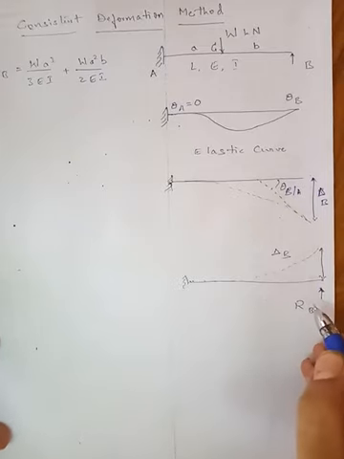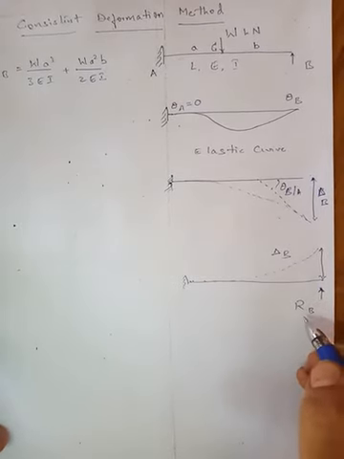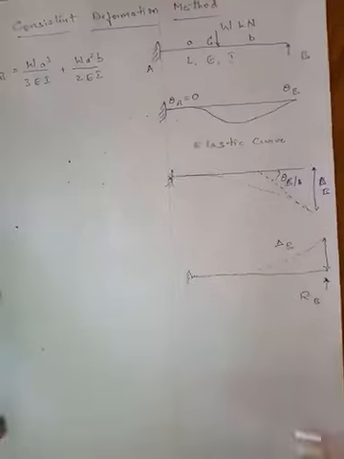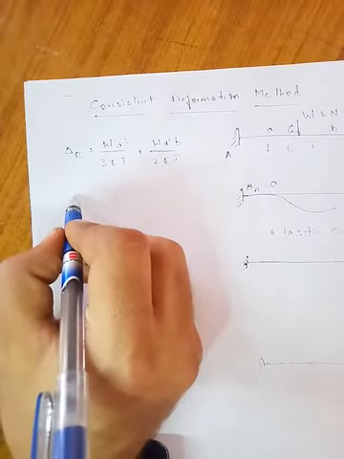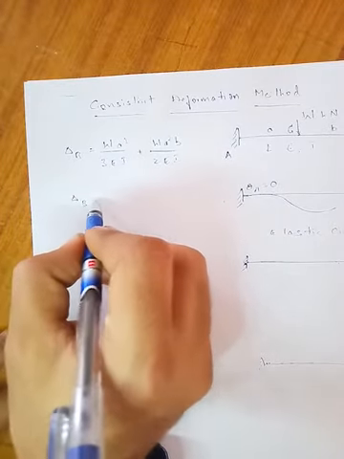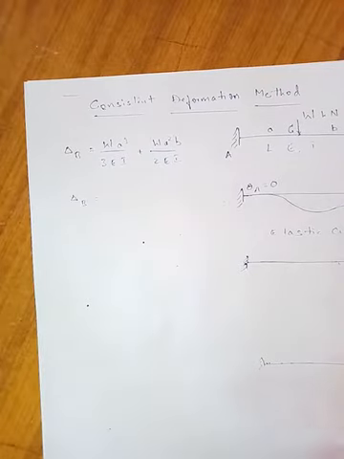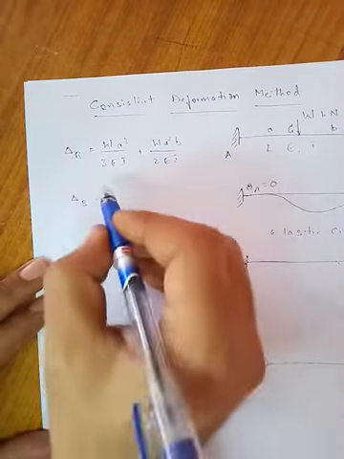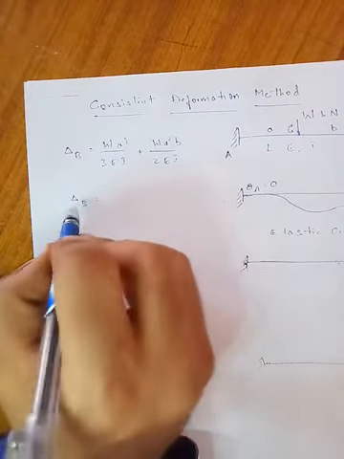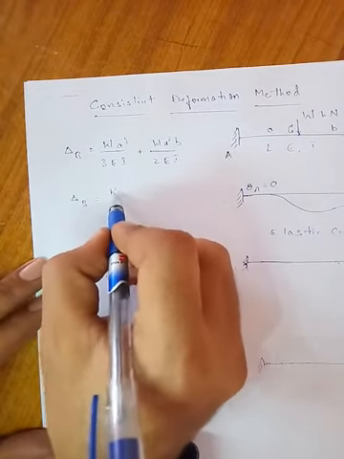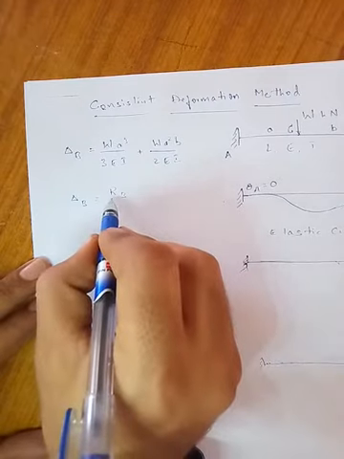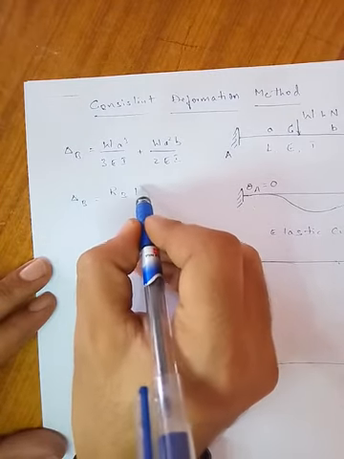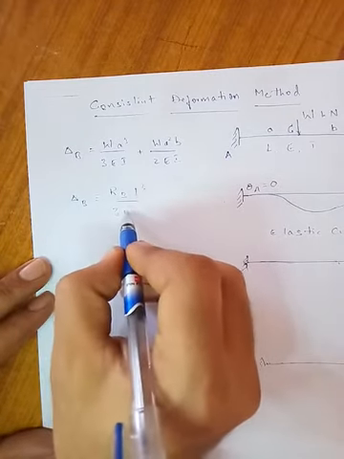Since it is the reaction offered by B, I am going to call this RB. Now we have this formula: if there was a single point load, it would cause deflection delta B at B, so the value of deflection delta B would be given by load W into L cube upon 3EI.